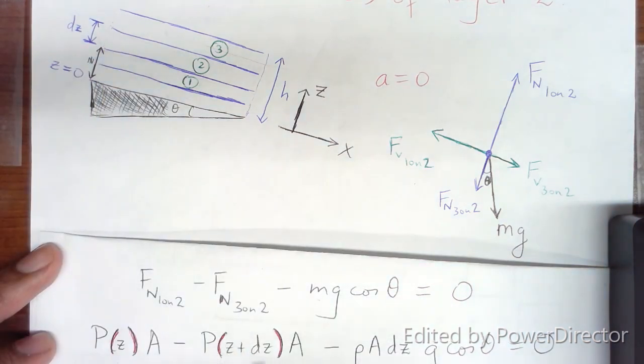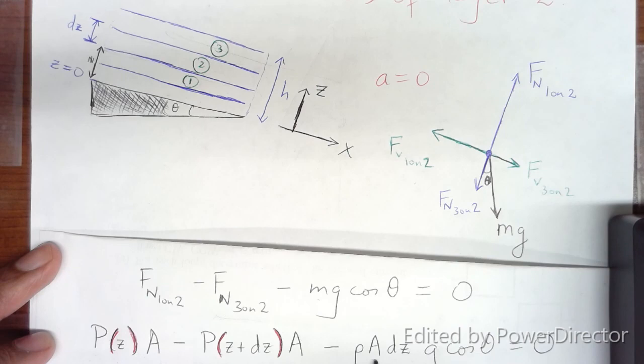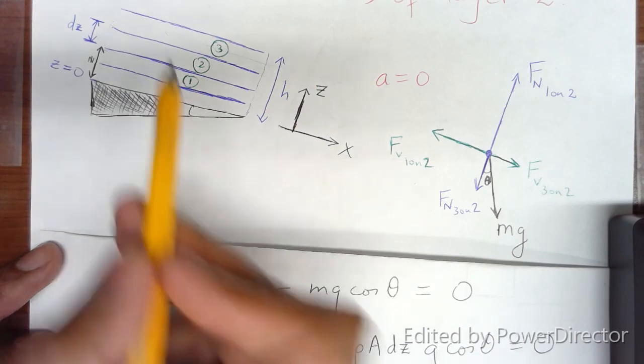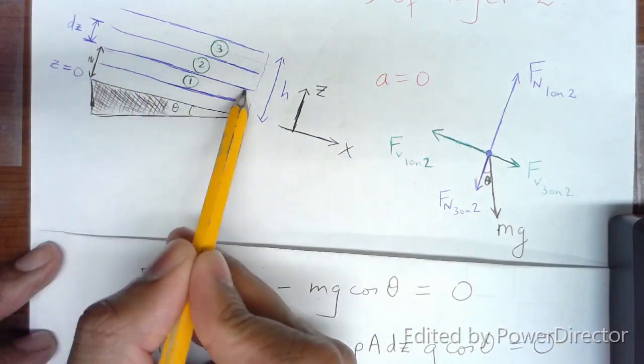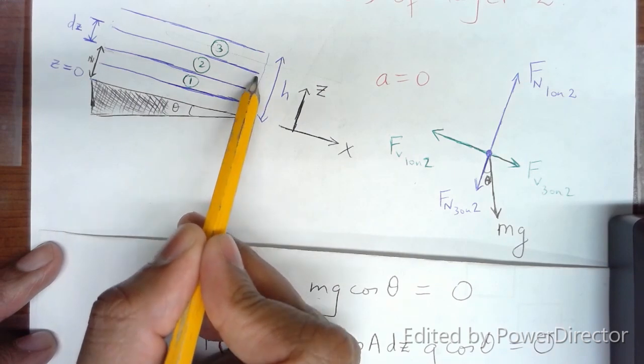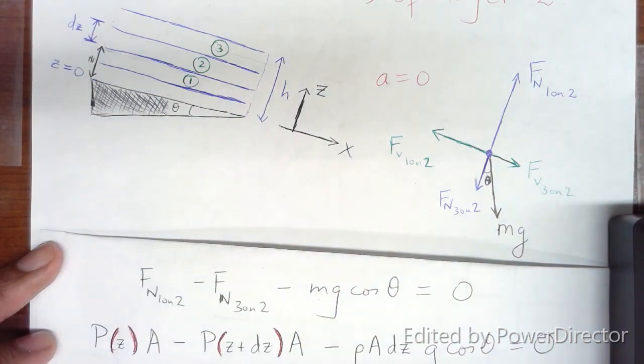So that's why the pressure evaluated at z plus dz is what we had. And also the volume, when we were calculating the volume of layer 2, was the area times dz. So it was the area of this interface times the thickness dz. And that gave us the volume.